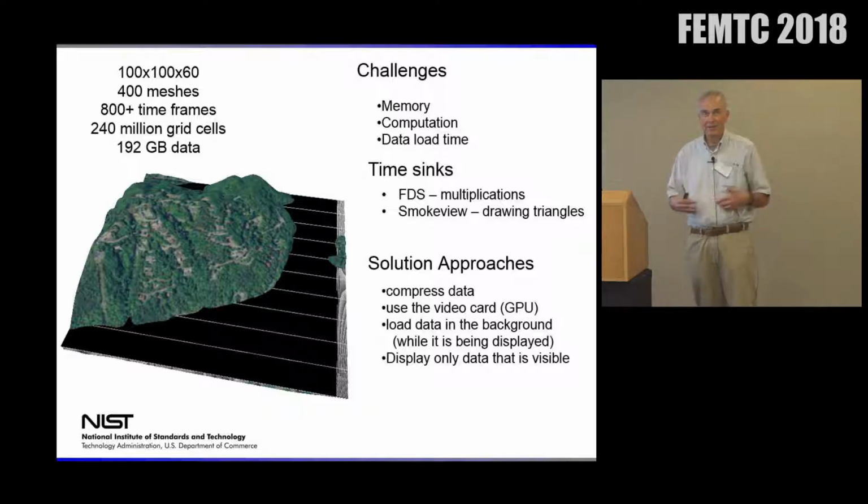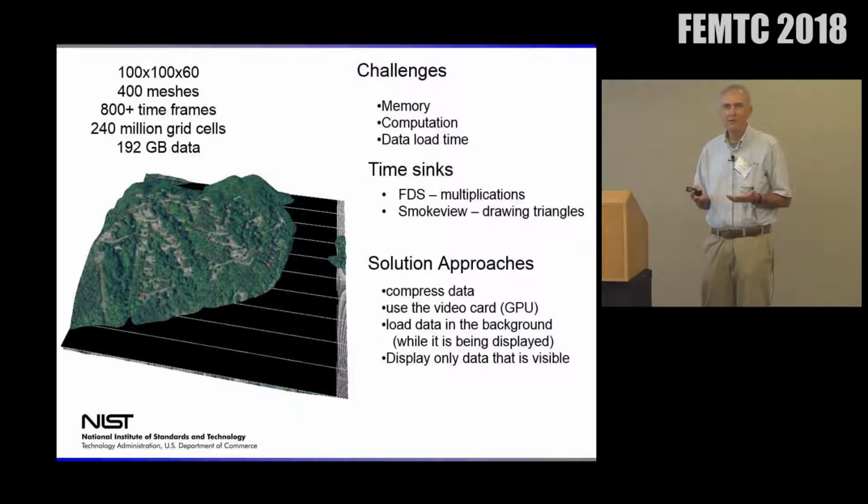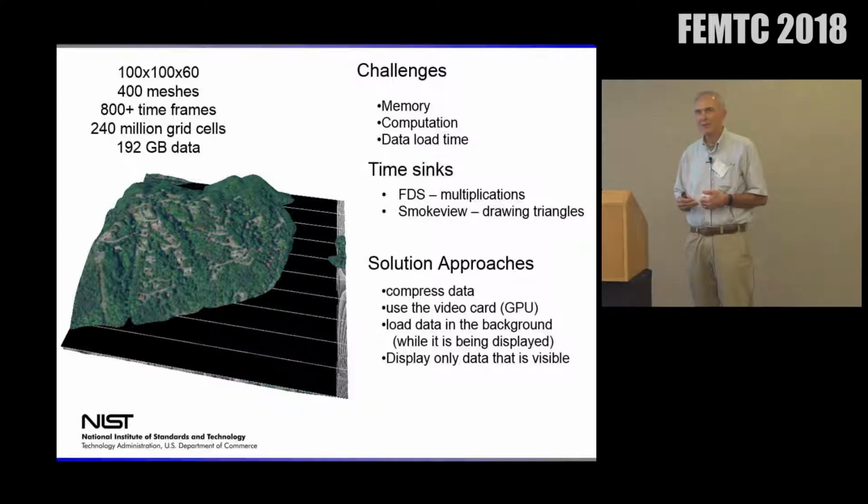It could be in the algorithm itself, or maybe you say, do I really need all those grid cells? In Smokeview, the typical rule of thumb would be the number of triangles that are drawn. So if I can figure out a way to reduce the number of triangles but still get the same visual display, then that's what I want to do.